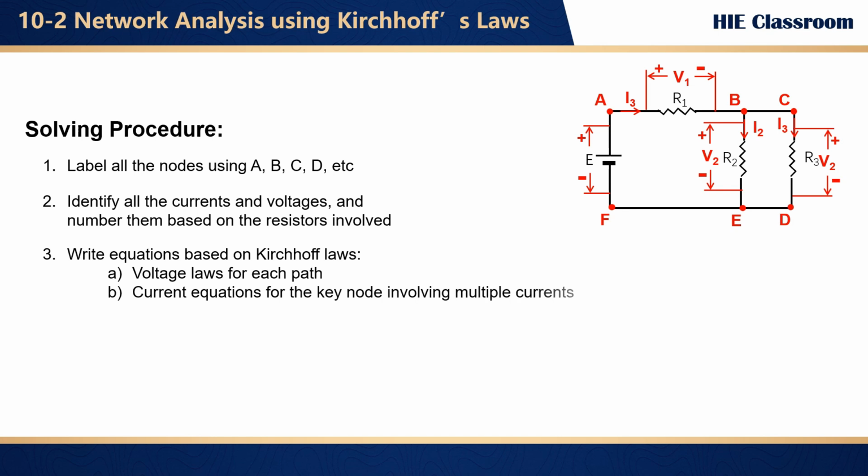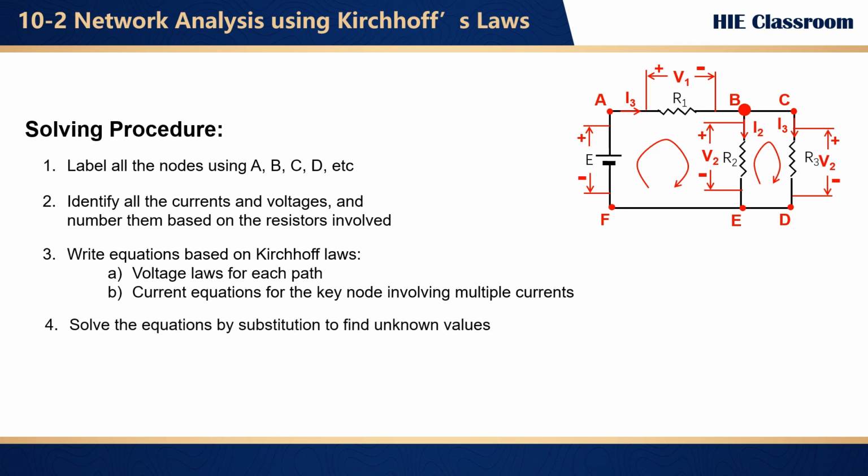Third, we write down equations using Kirchhoff's laws. For this, we pick out closed loops for the voltage equations and find the nodes where multiple currents meet for the current equations. Finally, we solve those equations by plugging one into another to figure out the unknowns. That's it. Nice and straightforward.